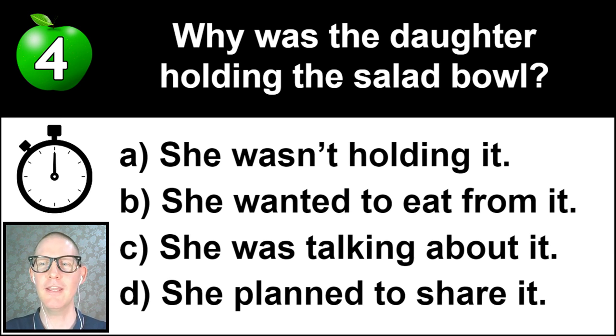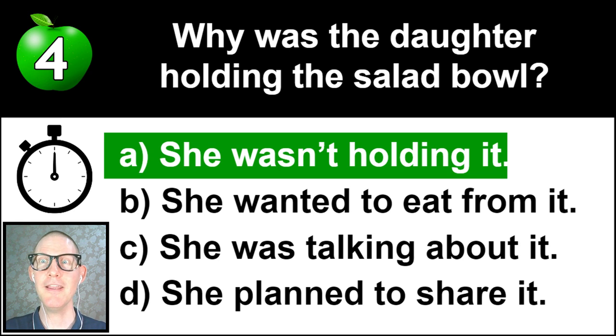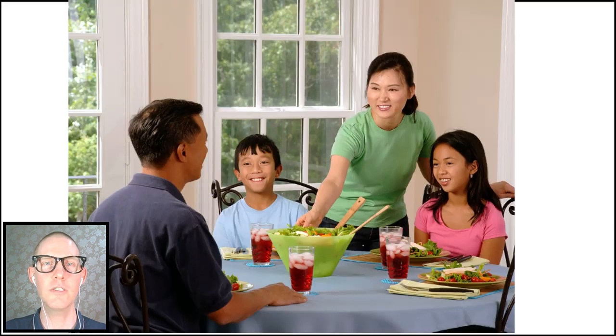Okay, why was the daughter holding the salad bowl? All right, the answer is A. She wasn't holding it, right? Huh? Did I trick anybody? So this is a question that is not true, right? All right, let's see. Let's take a look at the picture. Right, the daughter is not holding the salad bowl.